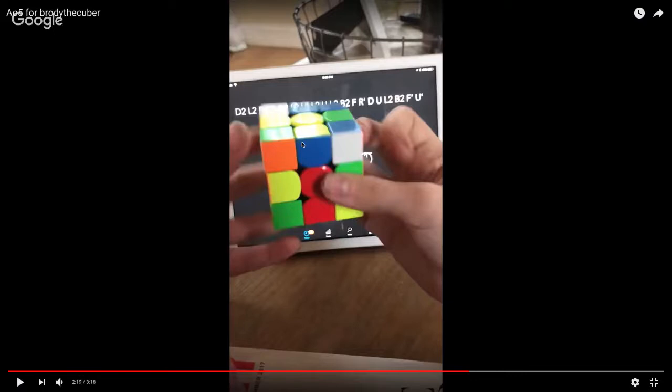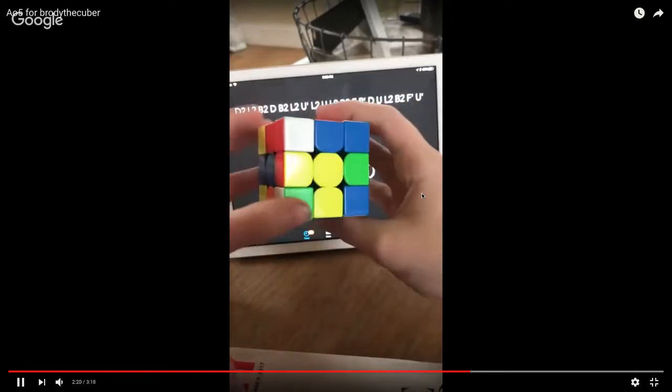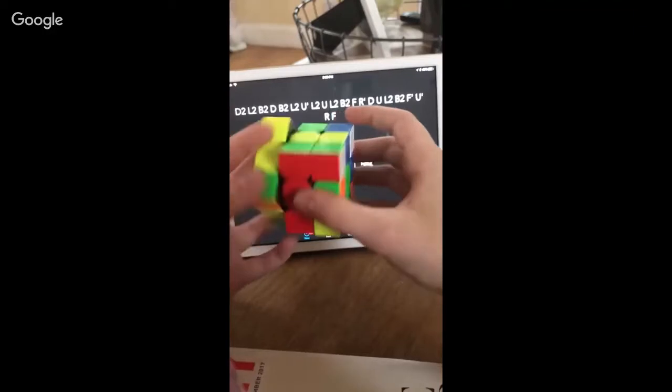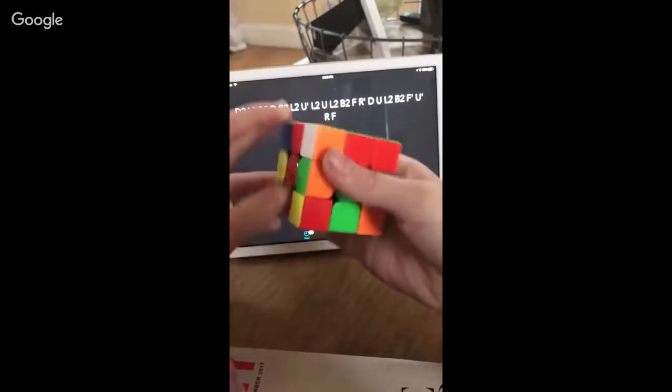And there's a really weird alg with wide U moves that can solve that pair into the front right. It's like R, wide U, R prime, something. It's not something that I would ever use. I just know it for some reason.